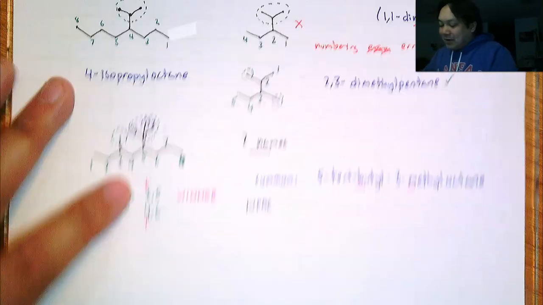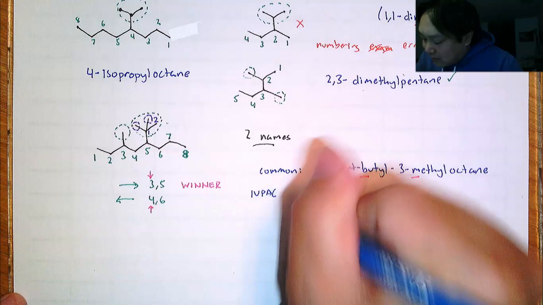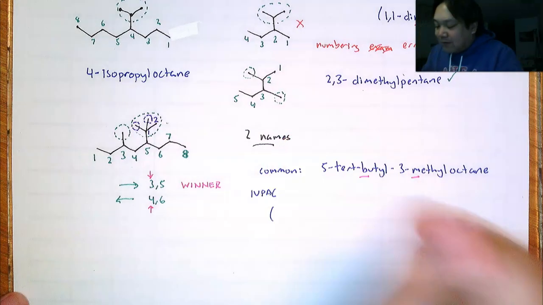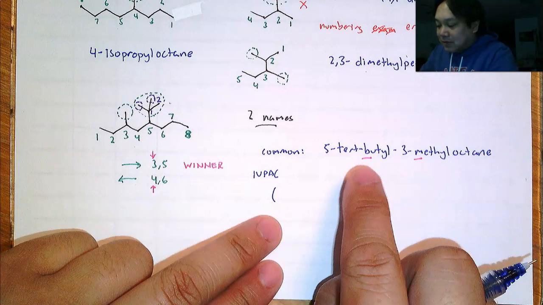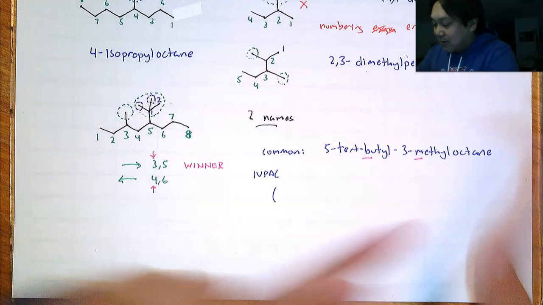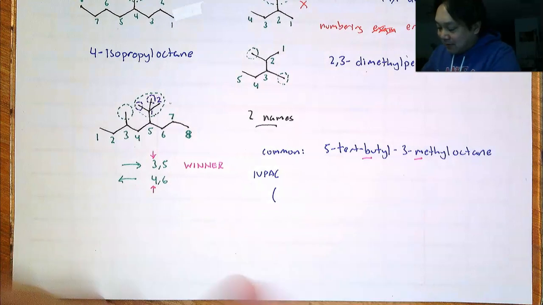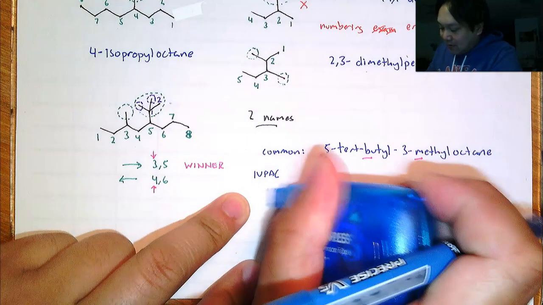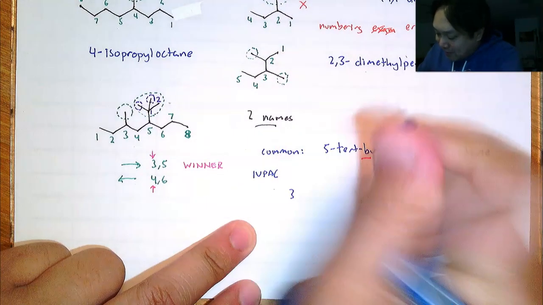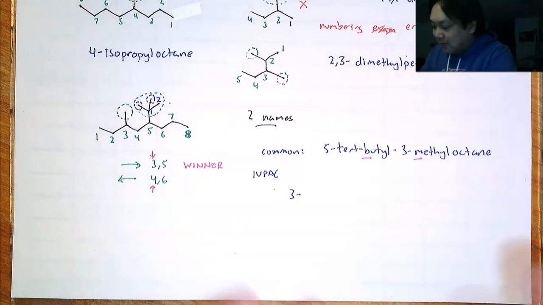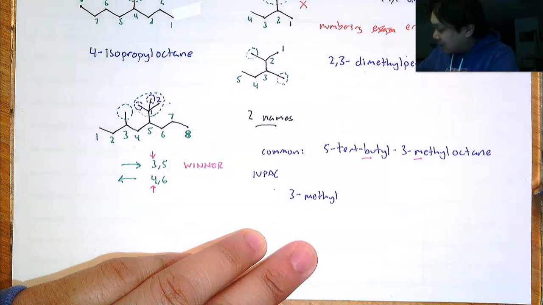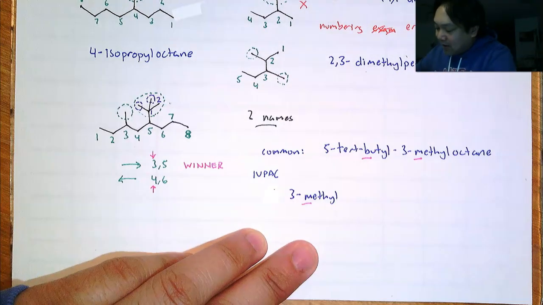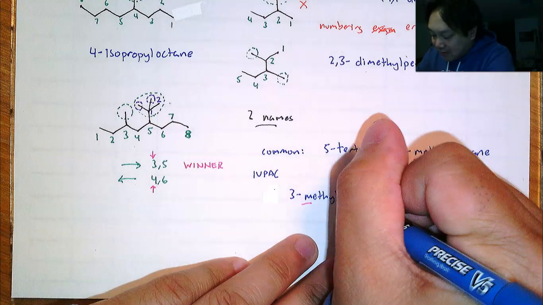A little bit complicated, but what's also going to look a little strange at first is that we're using parentheses now, because that, oh no, the methyl comes first. Oh man, so many pitfalls. 3-methyl, alphabetizing based off of M. And then we use parentheses.